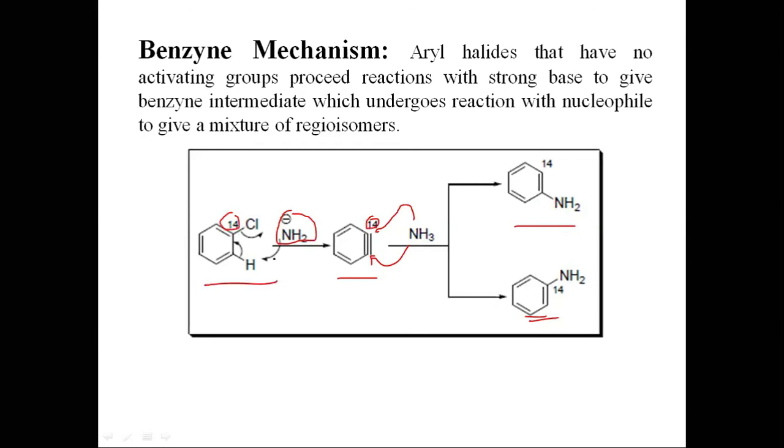So this is the conversion of chlorobenzene to aniline using sodamide. This proceeds via the benzyne mechanism. The reaction intermediate is benzyne. This is the benzyne formation, and then followed by the nucleophilic attack over the benzyne, which leads to the formation of the corresponding aryl amines. Okay, so I think with this I will stop here.